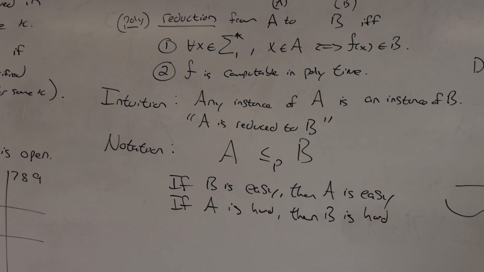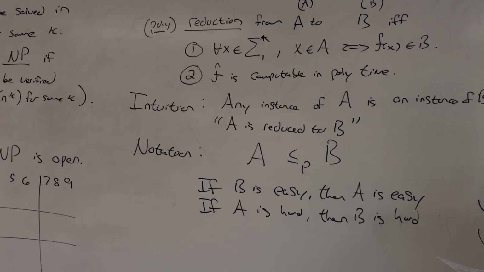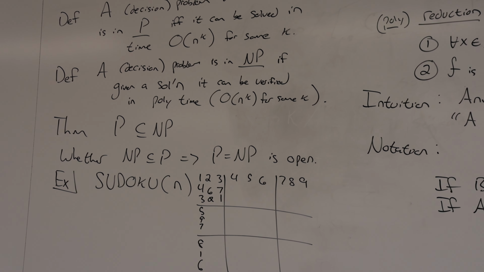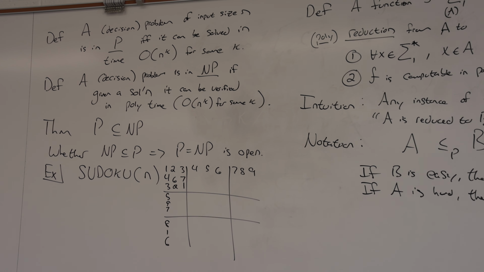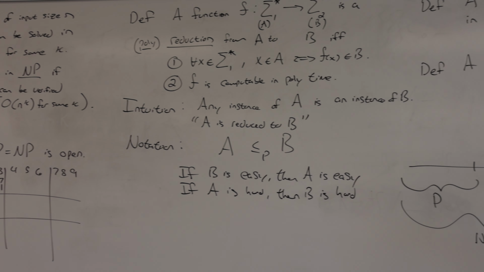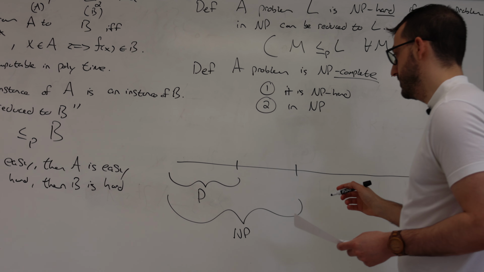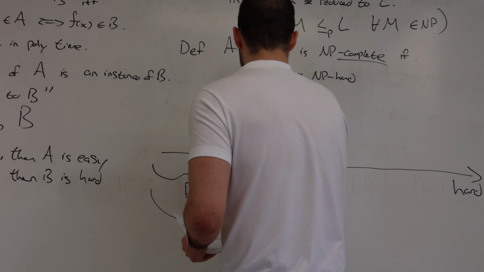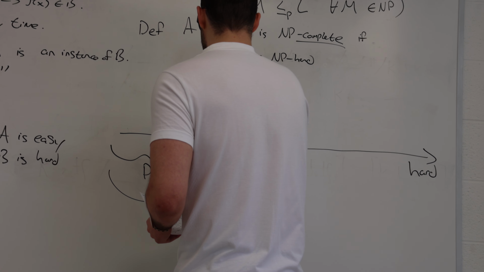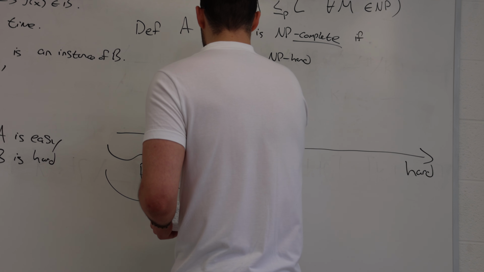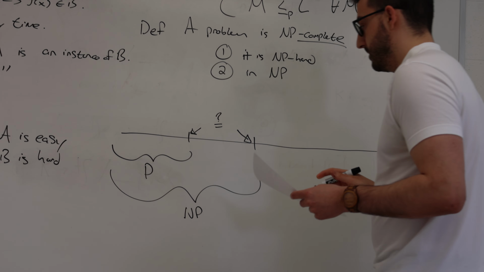So we'll have the class NP being here. As we stated, it's not clear whether the other direction is true. So it's not known whether these two classes are equal.